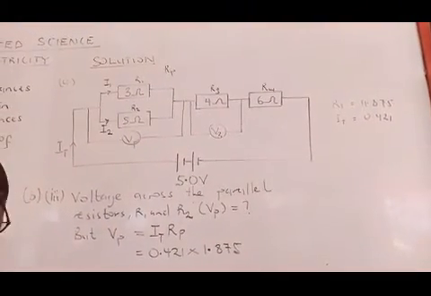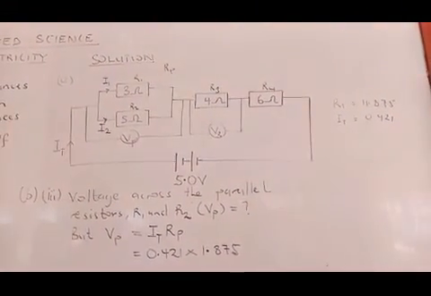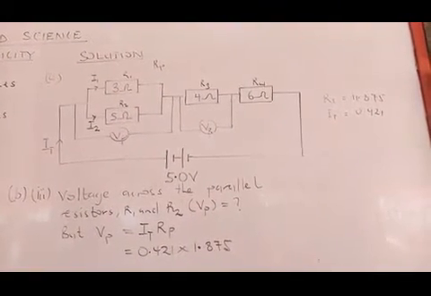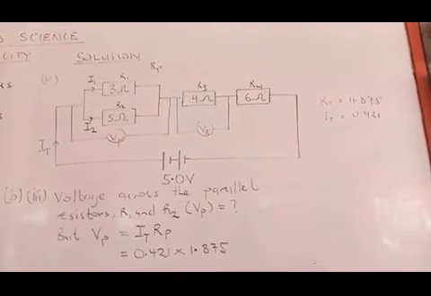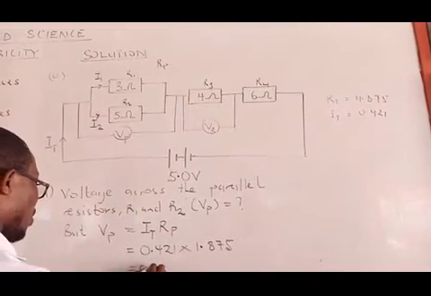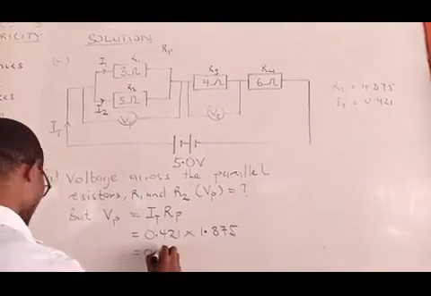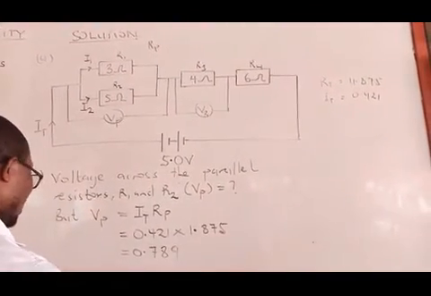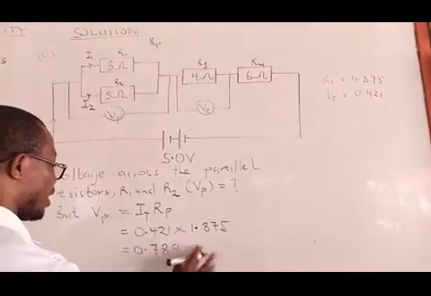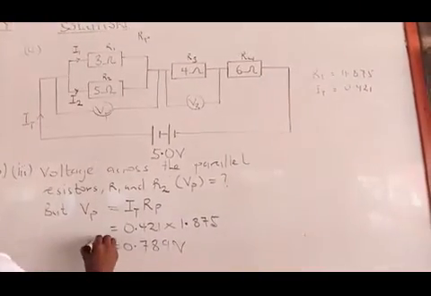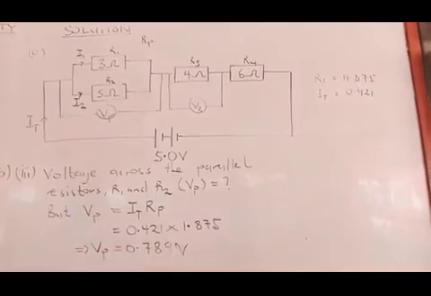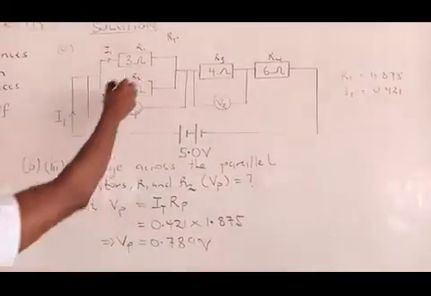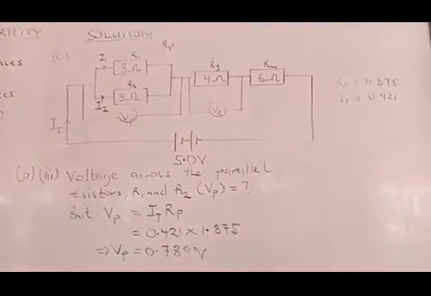So when you multiply that, that will give you 0.789 volts. That is with 3 decimal places. Okay, so we now have the voltage across the parallel connection.